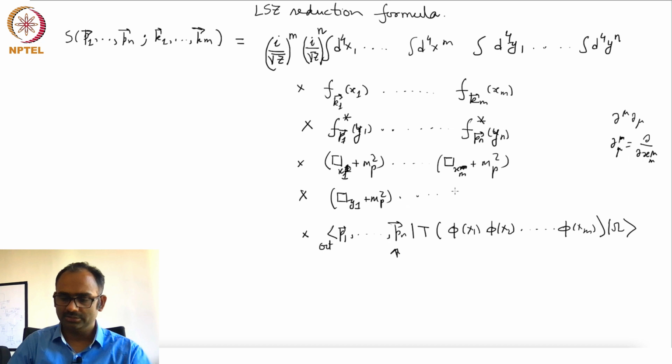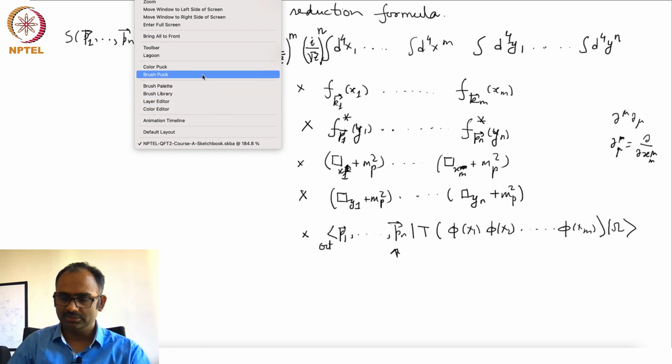Okay. And we have several of them up to box yn plus m_p squared, and of course, this will get changed to, let me, so this I will erase, and let us see whether I can erase.